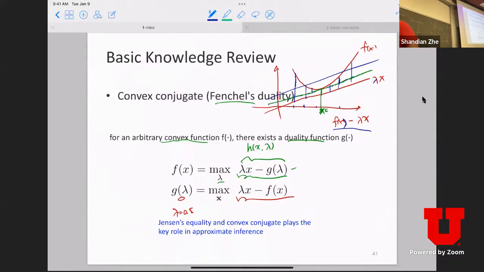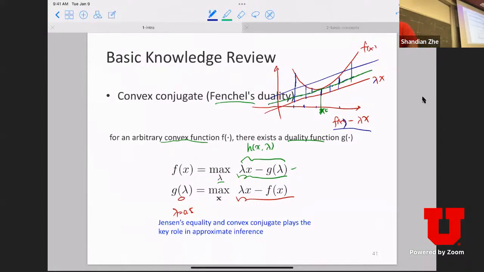So that means we'll move lambda x up to a place where that line only overlaps with f of x at one point. Then that line becomes the tangent line.